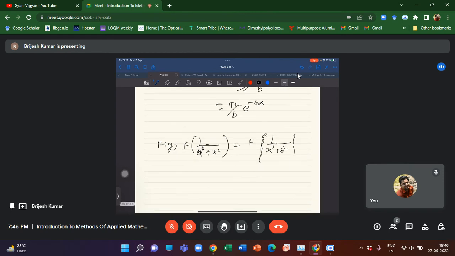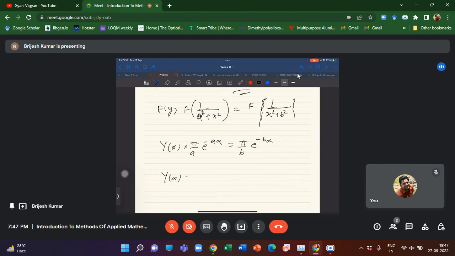So Y(alpha) multiplied by pi by a e to the power minus a alpha, from this relation, will be pi upon b e to the power minus b alpha. So this Y(alpha) you can find as a upon b e to the power minus (b minus a) into alpha.